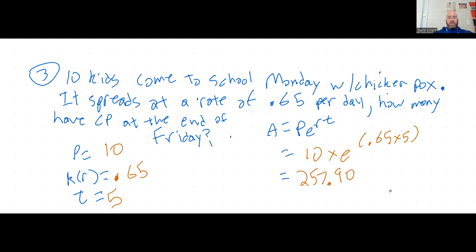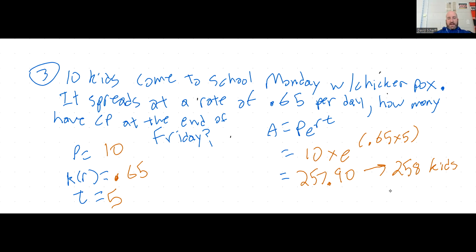But again, this is actual people that we're talking about, humans. So we're saying 257.90 kids. You're not gonna have a kid who 90% of them has the chicken pox and 10% doesn't. So, normally if we round up the next whole number, obviously this would go ahead and round up anyway, but go ahead and make it 258 kids.